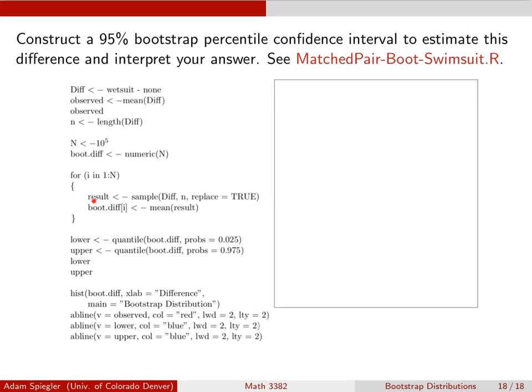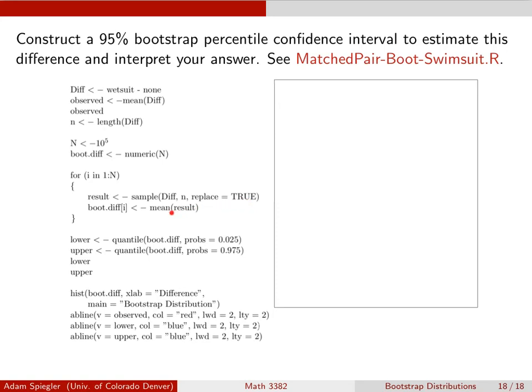This for loop should look very familiar. We have this original sample of differences. We're going to pick n values, so that's going to be 12. We pick randomly 12 values from difference, where each time we pick a value, we put it back and replace it before we pick the next value.